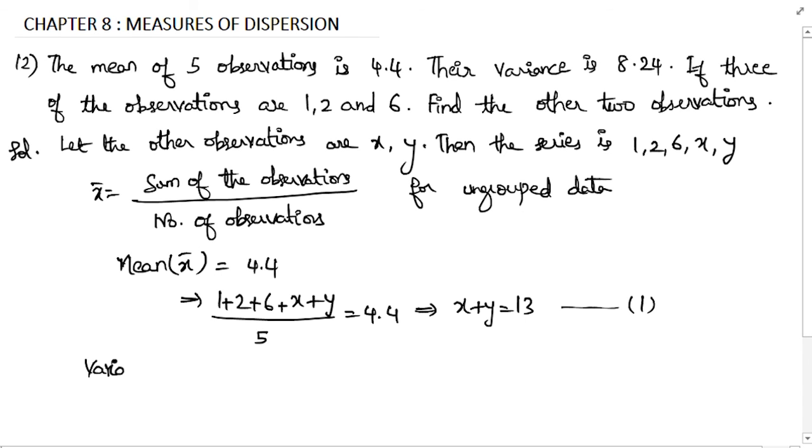Now the variance, that is sigma square, is equal to 8.24. It's given in the question again. So that implies 1 by n sigma xi square minus x bar square is equal to 8.24, because we have a formula that sigma square is equal to this formula, right?